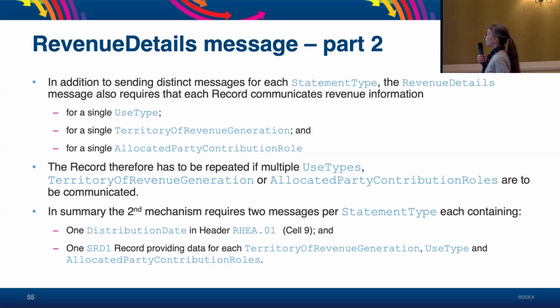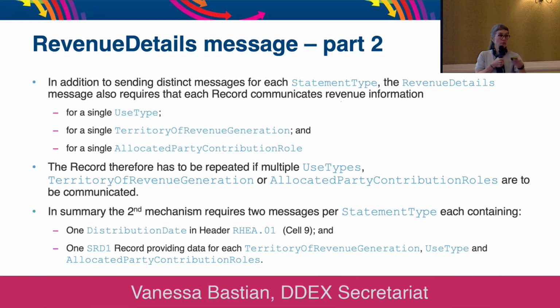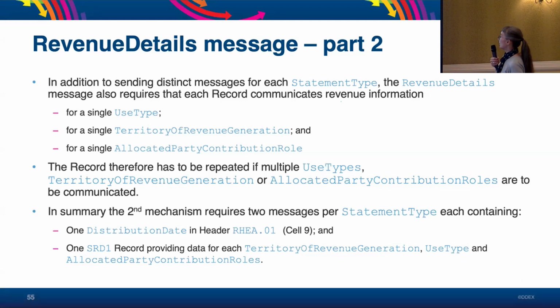So if you have to report revenues for a specific use type in several territories, you will have to list that use type over and over again. Just give use type broadcasting in territory 1, use type broadcasting in territory 2. So you need to split the records up in one message to clearly distinguish between use type, territory, and allocated party.